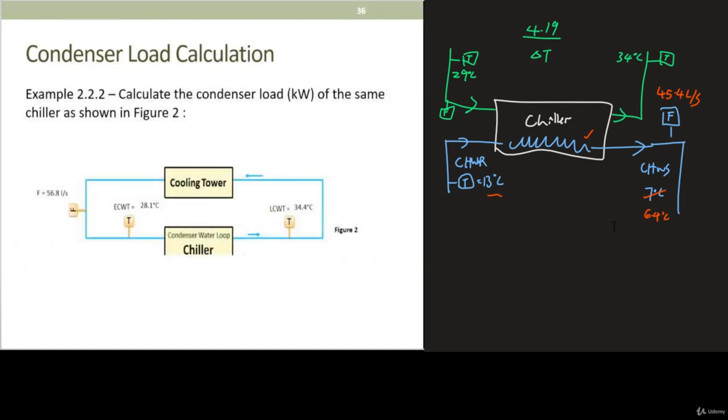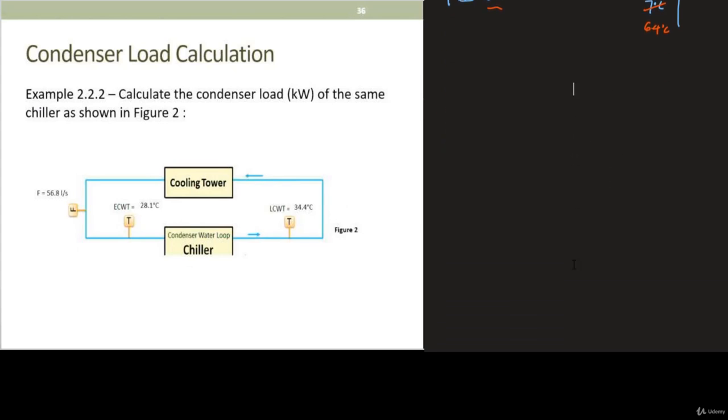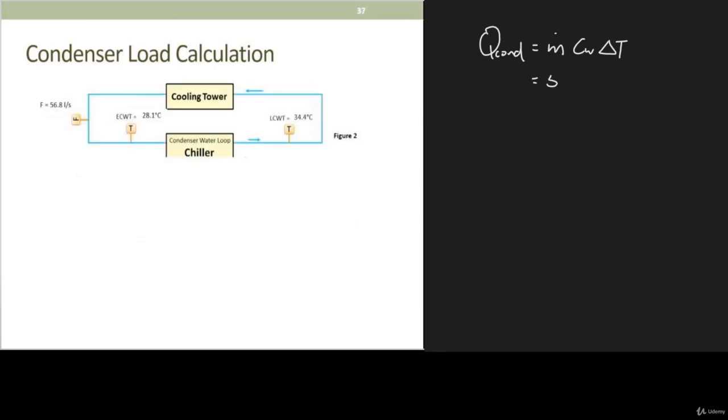Calculate the condenser load, or what we call Q condenser, in this example. So similarly, you are going to use m condenser water, CW, multiplied by delta T. Your mass flow rate in this case will be 56.8, multiplied by the specific heat capacity of water, which is a constant value 4.19, multiplied by delta T, which is the temperature difference before and after passing through the condenser.